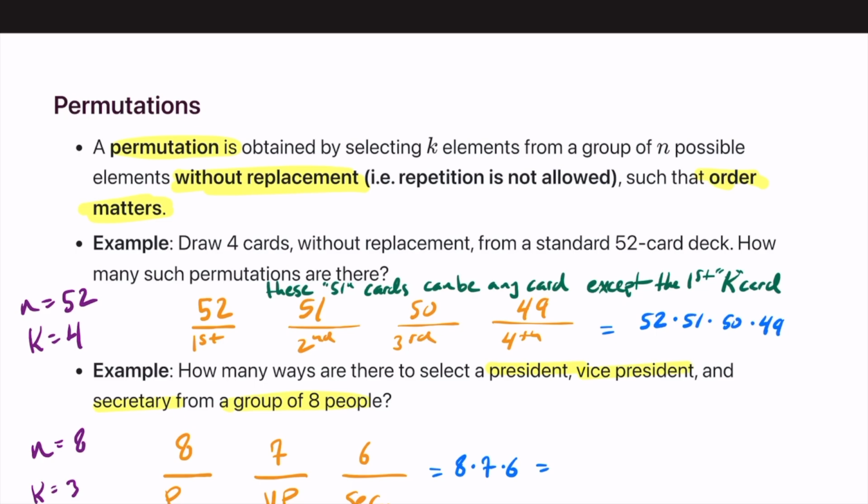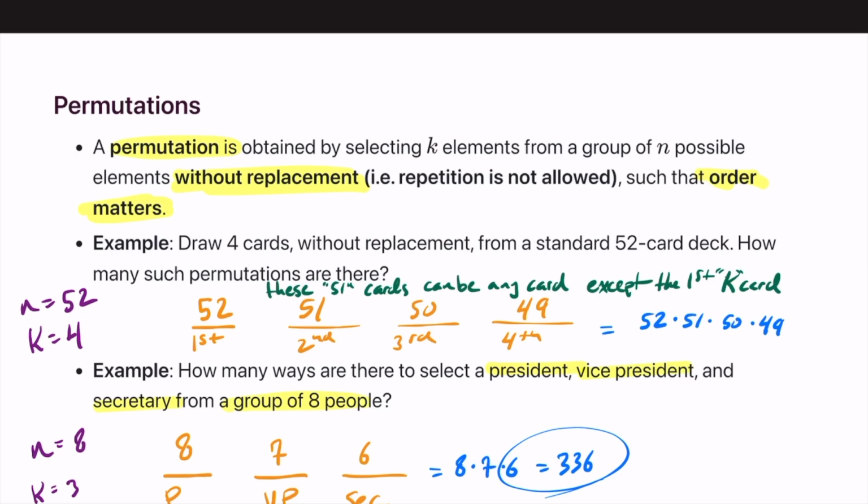8 times 7 is 56. Then 56 times 6 is 300... 6 times 5 is 30, 36. So 336, yeah, 336. Let me just double check.